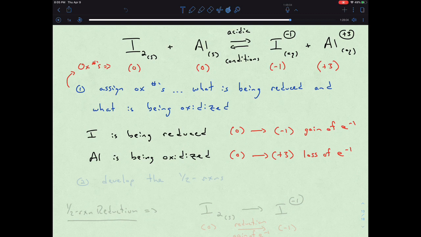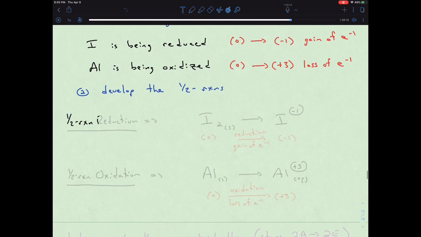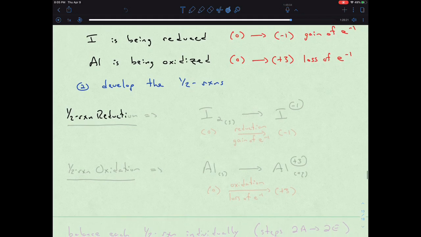Step number 2 is to develop the half reactions. And so we have our half reaction for reduction, and that's just looking at the iodine going to produce iodide.